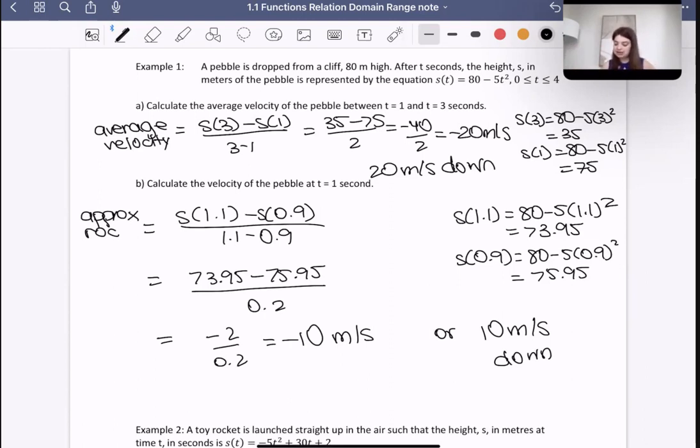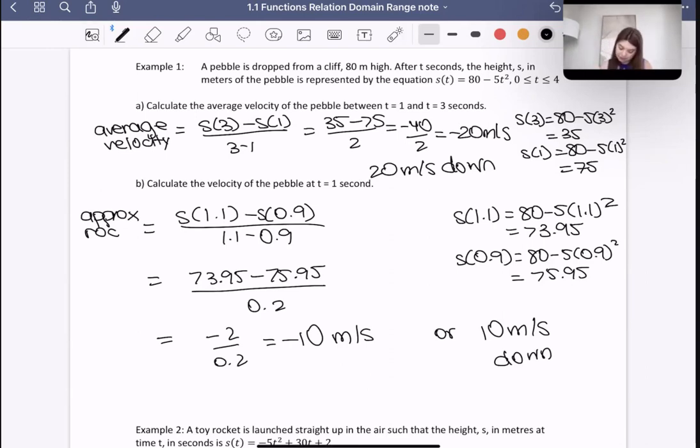Because here it's 10 meters per second down, and then from 1 to 3 it's 20 meters per second down. So it's going faster as it falls further, according to this equation, which makes sense because this is a quadratic equation. And as we know, quadratics go steeper and steeper the further we go along. So that makes good sense.